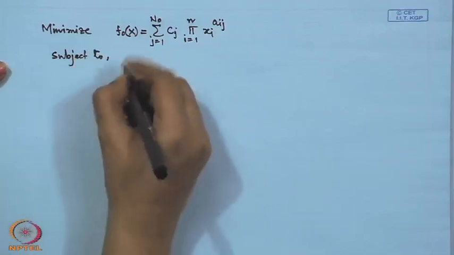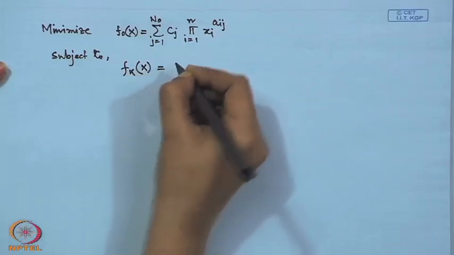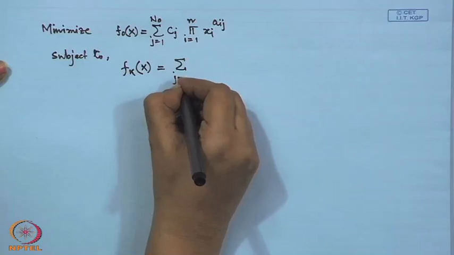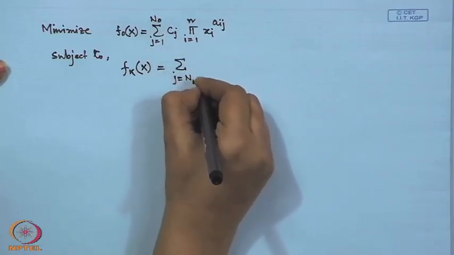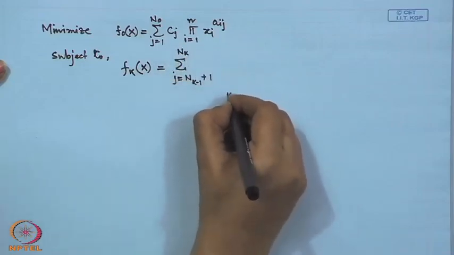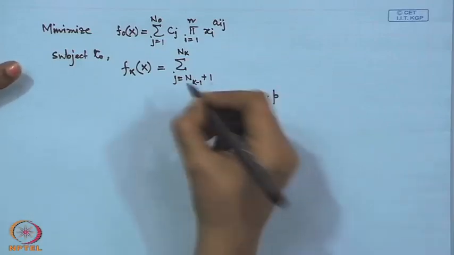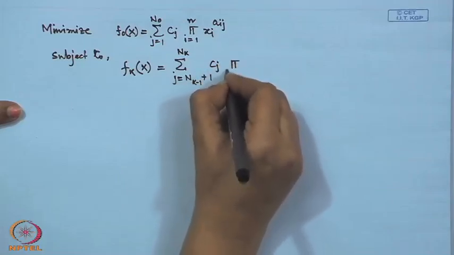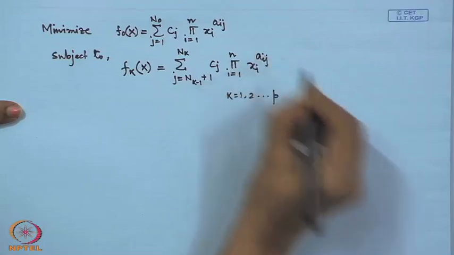Now, let us consider the constraints, subject to. If there are p constraints of this form, we can consider the polynomial again here, and let us start the terms from n0 plus 1. That is, from n(k-1) plus 1 to nk, where k runs from 1 to p constraints, and we have Cj times the product over i equal to 1 to n of xi to the power aij.